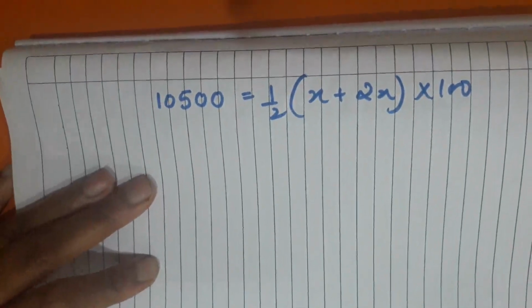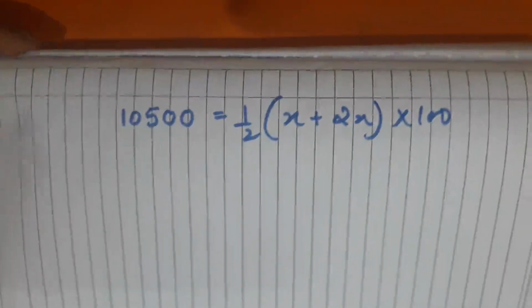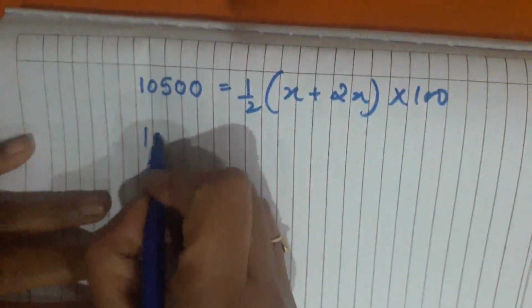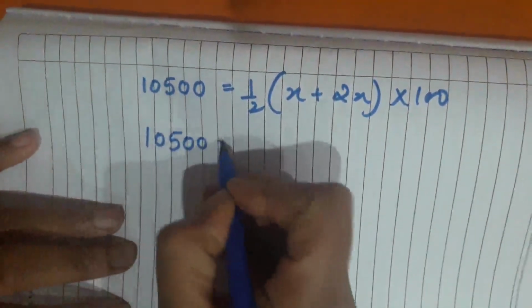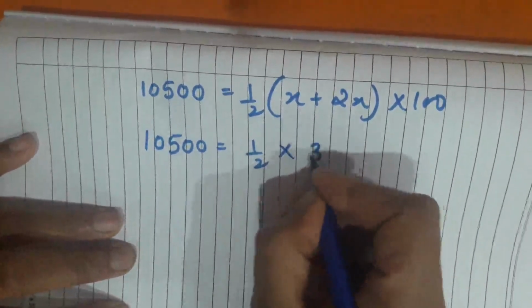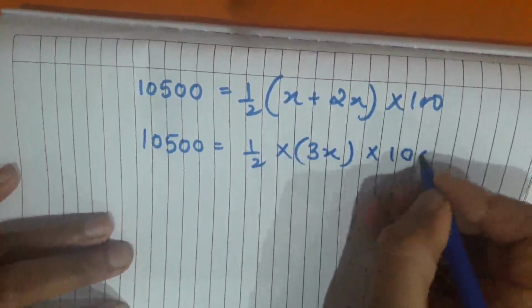So let's solve the equation. 10,500 equals 1 by 2 into x plus 2x, which gives 3x, into 100.